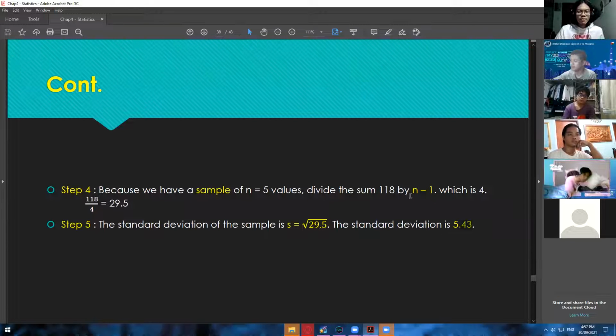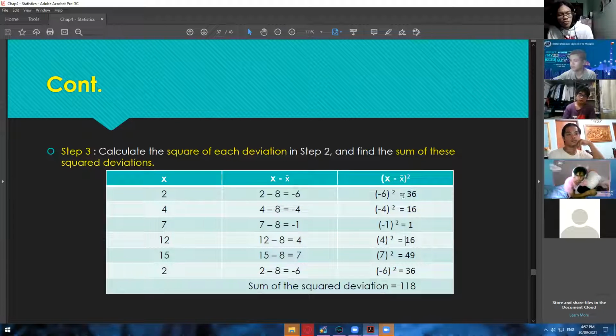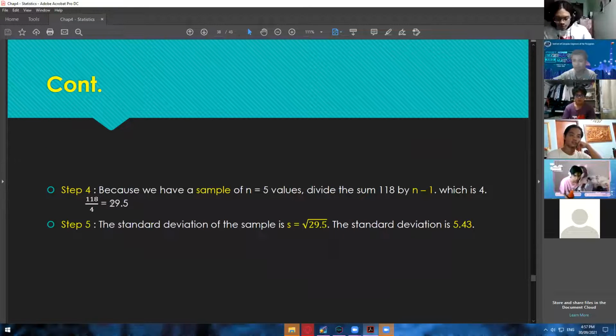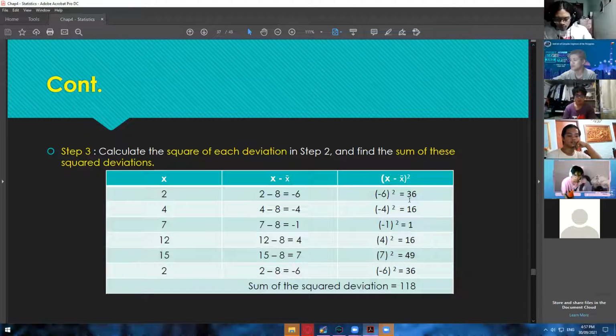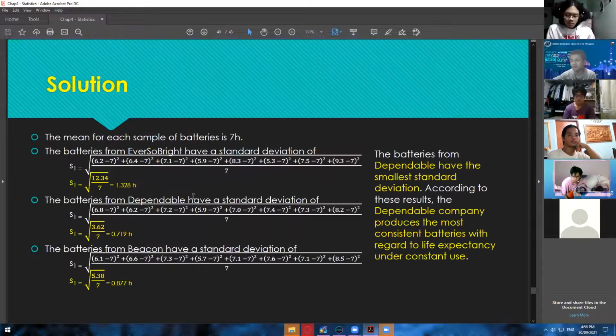But here maybe he is trying to check the average after solving step number 3, which is 36, 16, 1, 16, 49, 36, and the average that you will get is 29.5. So maybe there are some statisticians who use the value of the variance to get the measure of dispersion. Anyway, you can see that the variance is just part of the standard deviation.